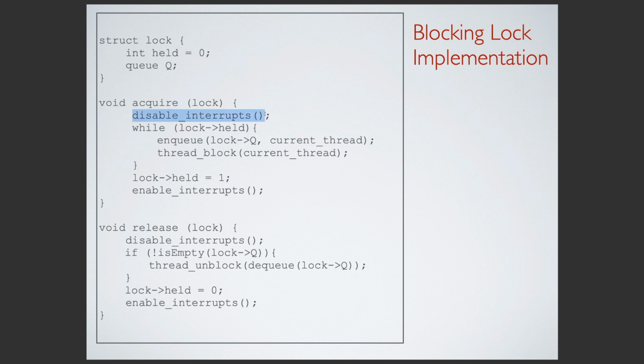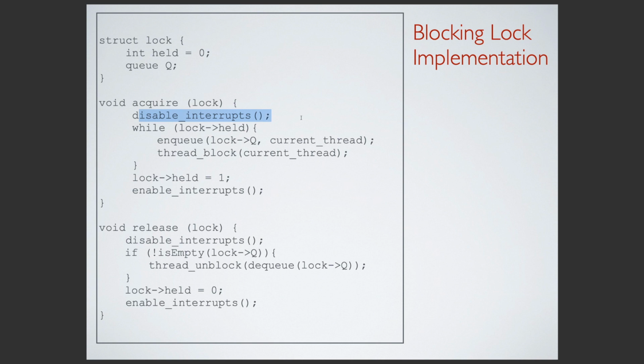You disable the interrupt, you enter into a while loop, you enqueue yourself, nobody's interrupting you, and then you block yourself. And then what does it mean to block yourself? I told you, right? You basically yield the CPU, meaning there's going to be another thread that is going to take over. But wait a second. Another thread is going to take over, but the interrupts are disabled.